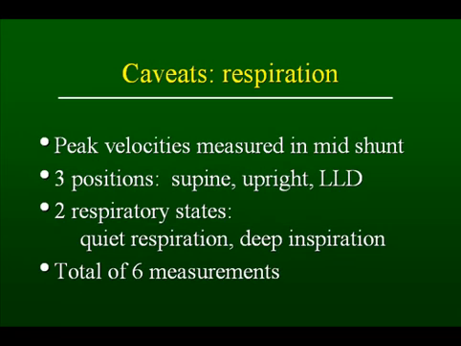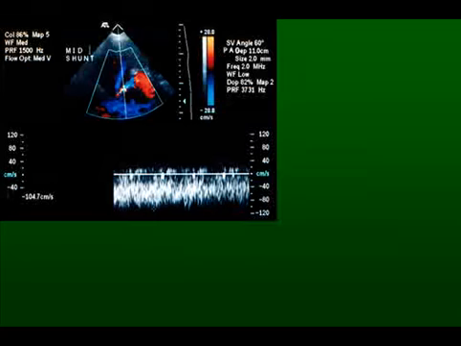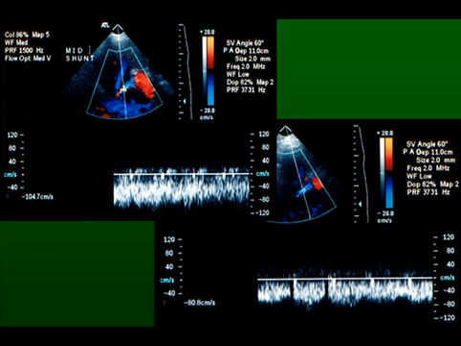We looked at 3 different positions, supine, upright, and decubitus, and 2 respiratory states, quiet respiration and deep inspiration. Here's an example of some measurements we did in the TIPS shunt. You can see that in deep inspiration, the velocity declined from 104 centimeters per second to 80 centimeters per second.